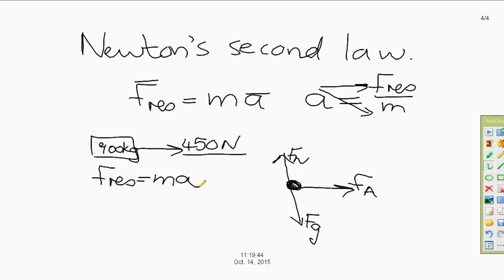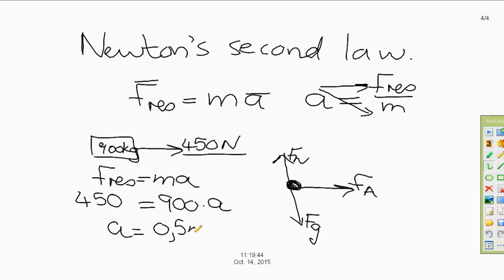There's only one force horizontally. So the 450 Newton will also now be our resultant force. And the mass is 900 kilos, and we need to calculate the acceleration. So acceleration will be 450 divided by the 900, which gives us 0.5 meters per second squared.